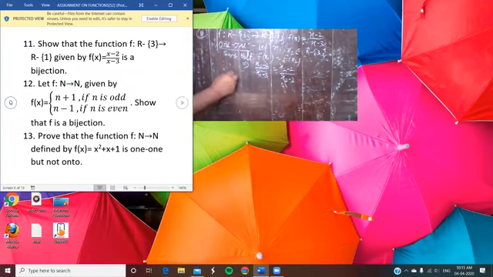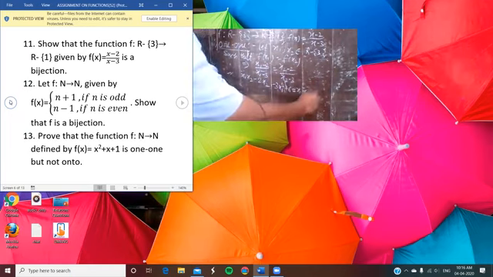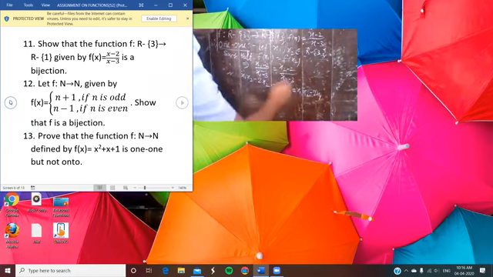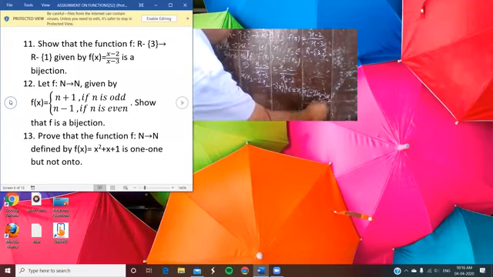Now taking cross multiplication, you have x1x2 minus 2x2 minus 3x1 plus 6 is equal to x1x2 minus 2x1 minus 3x2 plus 6.